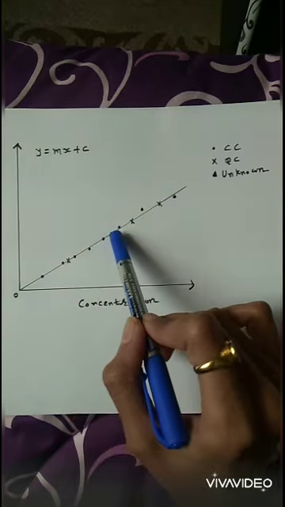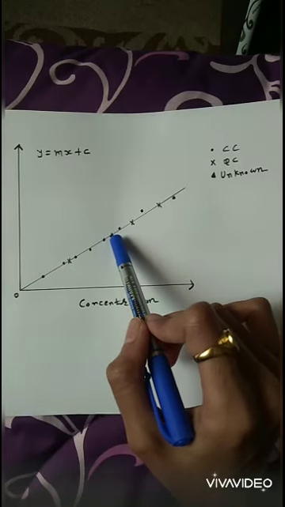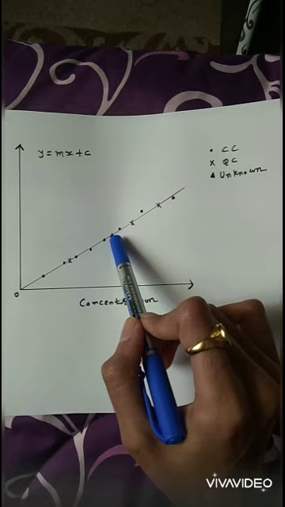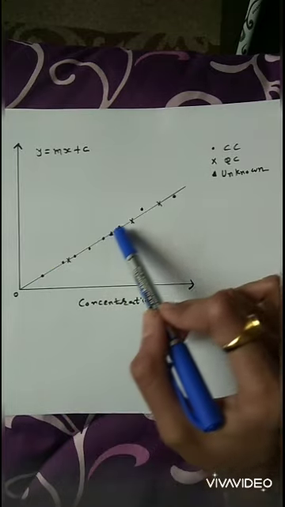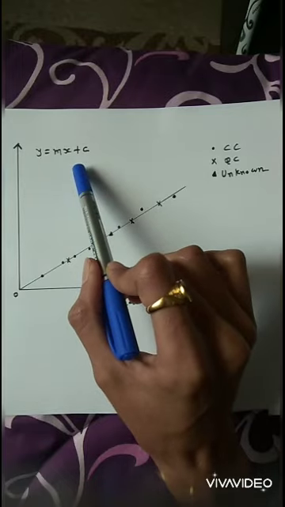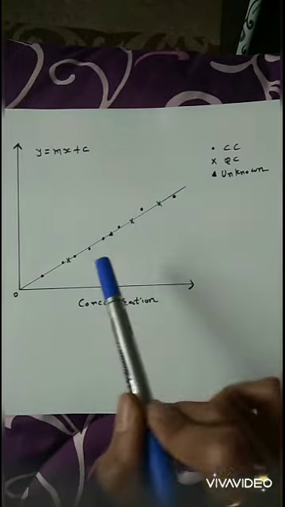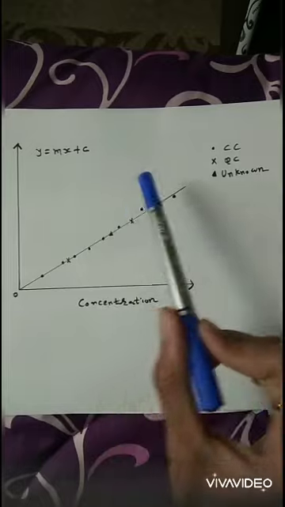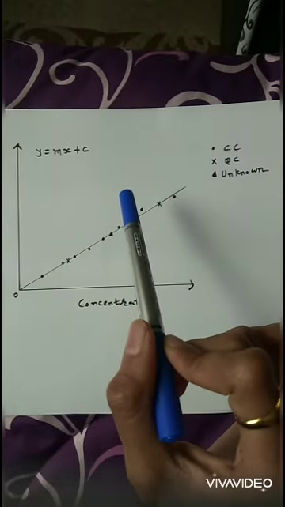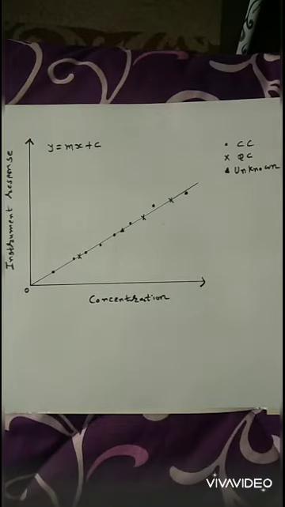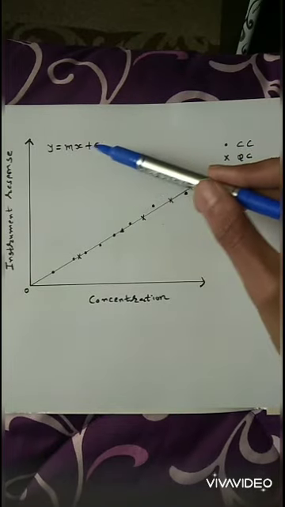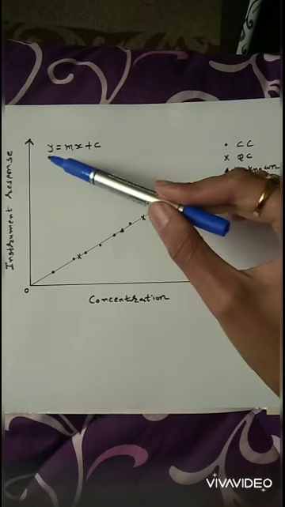And then this is an unknown concentration, the sample of an unknown subject. So we can determine the concentration of this unknown subject based on the calibration curve by using the equation y is equal to mx plus c. Actually we could have a whole lecture on this, but this is the very basic thing. In this equation, m is the slope, c is the intercept, and y is the instrument response.